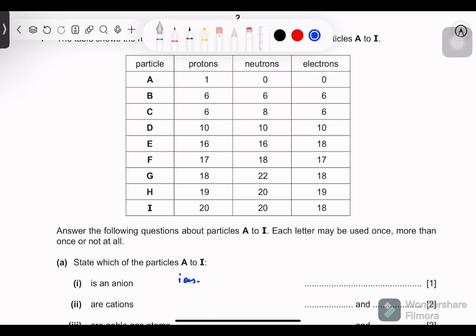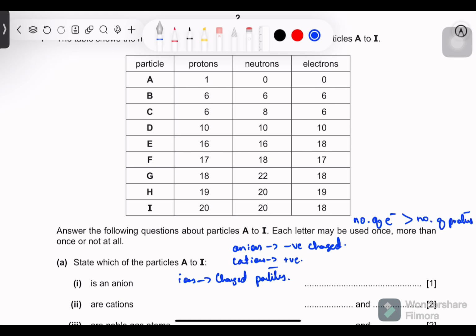Ions are charged particles, and anions are negatively charged particles, and cations are positively charged. So the particle where the number of electrons is greater than the number of protons is an anion, because it has gained an electron.